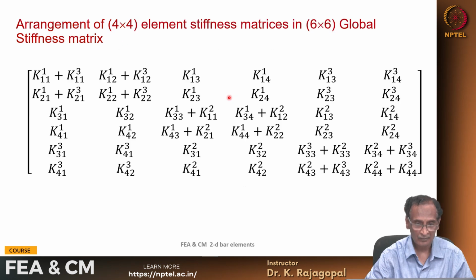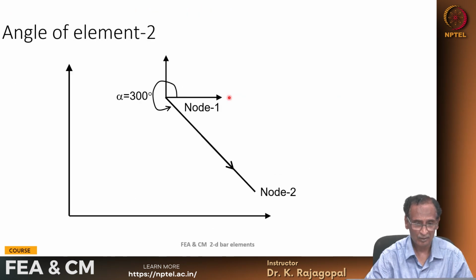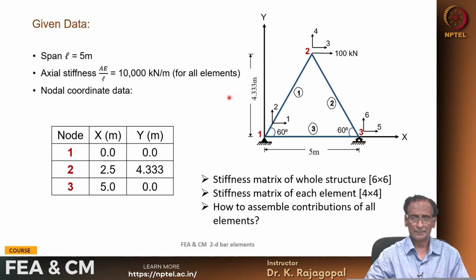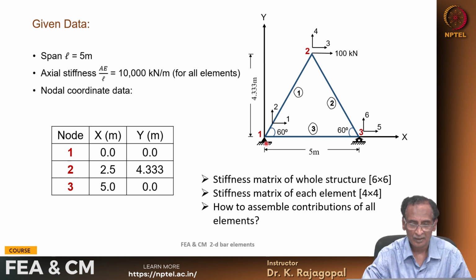And actually I forgot to mention one more thing. For us to avoid rigid body deformations, we need some boundary constraints. Here on the left hand side, we have provided a hinge support so that both x and y displacements are 0. At node 3, it's on a roller, so x direction displacement can take place, but y direction is constrained.